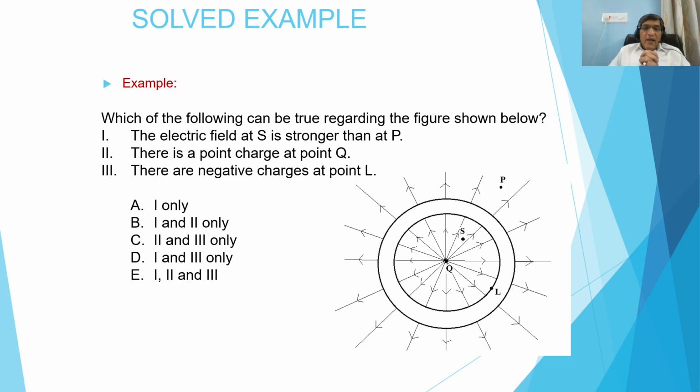The electric field at S is stronger than at P. There is a point charge at point Q. There is a negative charge at point L. What does this reflect?